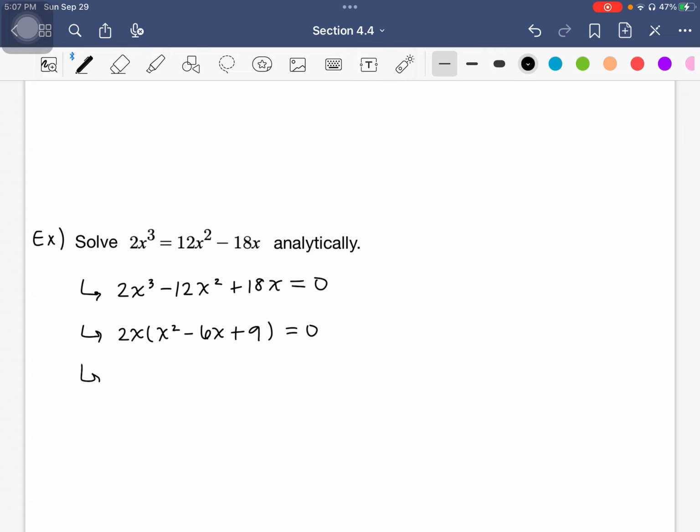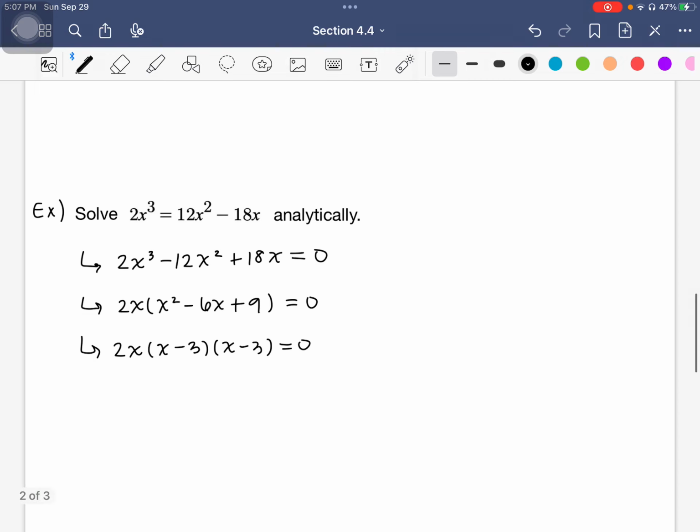Now this becomes much easier to factor. We just need two numbers that will multiply to be positive 9 and add to be minus 6. So that'll be x minus 3. And then rewriting this in simpler terms, we'll get x minus 3 squared.